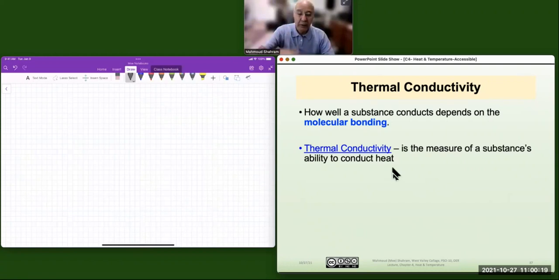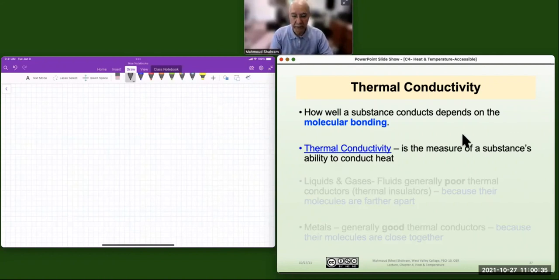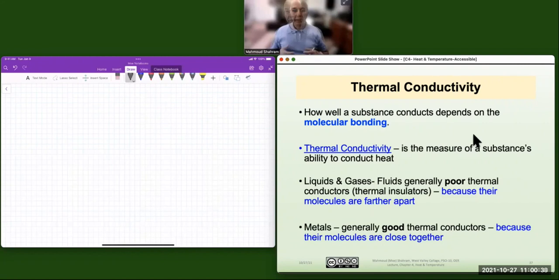How fast or how slow this is conducting depends on how these molecules are bound. Iron is different, aluminum is different, gold is different. It depends on what we call thermal conductivity. Some have a very good thermal conductivity, such as silver. Some have poor, aluminum.